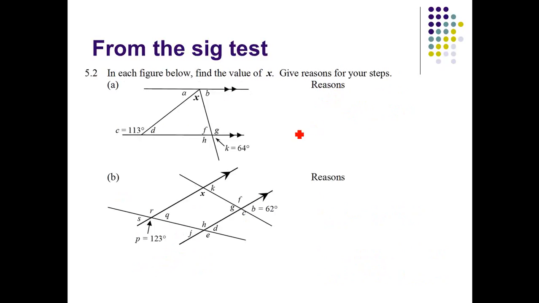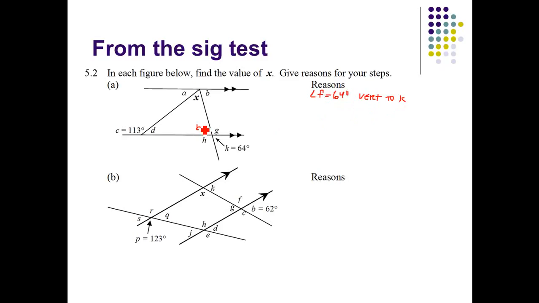Okay, this is the other one, the last SIG test problem. Again, we're going to try to fill in our reasons. First I would say, look for the easy things. Angle F equals 64 degrees. Need a reason: vertical to K. We already know those are congruent.